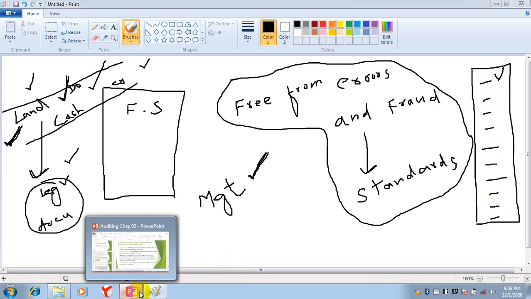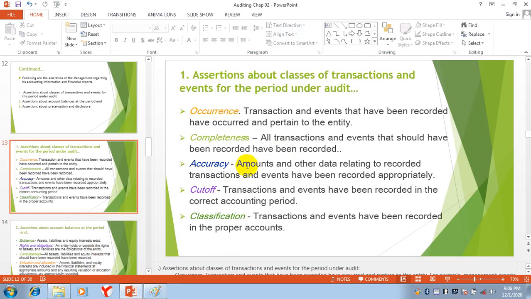So this is another assertion. Accuracy. Amounts and other data relating to recorded transactions and events have been recorded appropriately. We record it accurately. The amounts in these transactions. See, we are talking about classes of transactions and events.